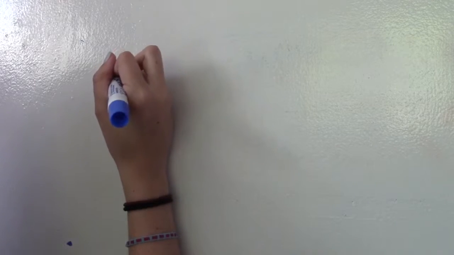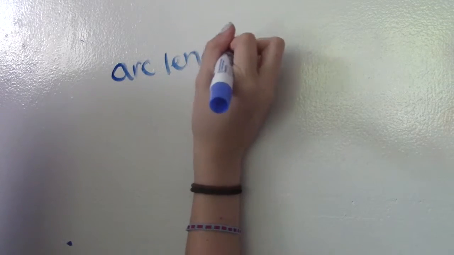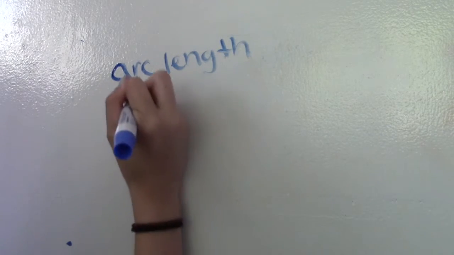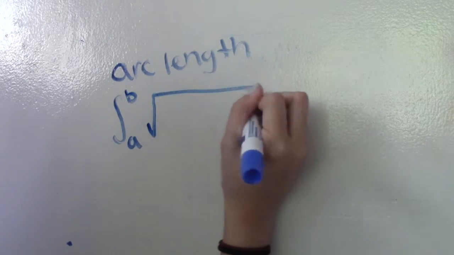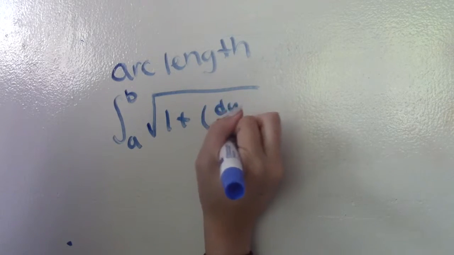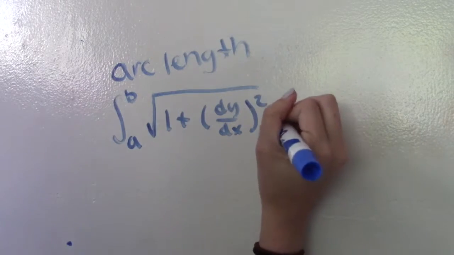For a parametric curve, distance can also be represented by the arc length, which, if we remember, is our formula, the integral from a to b of the square root of 1 plus dy over dx squared dx.